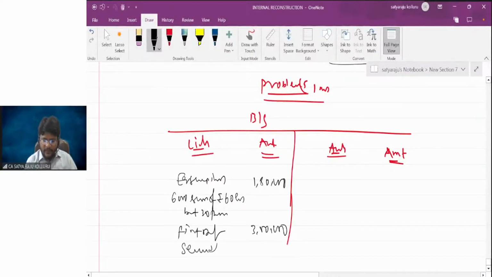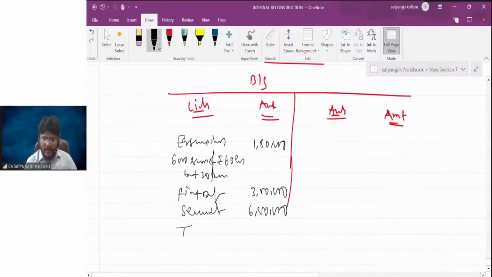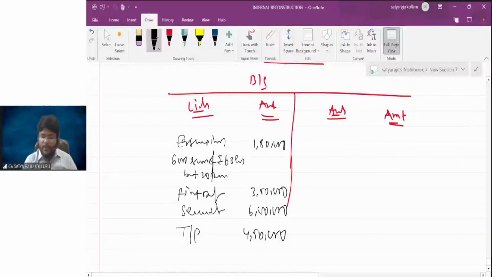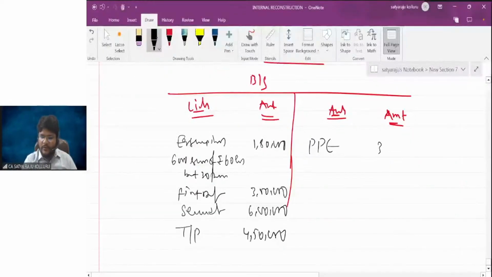Second debentures given at how much? 6 lakhs. Next, unsecured trade payables, 4,50,000. Simply trade payable, 4,50,000. Next, come here, PPE. Simply, I am writing it as PPE. The estimated figure you should not consider. The original cost is how much? It needs to be considered in the balance sheet.